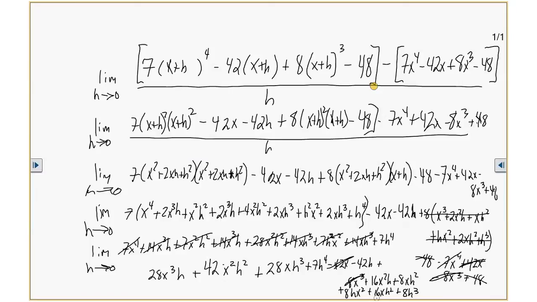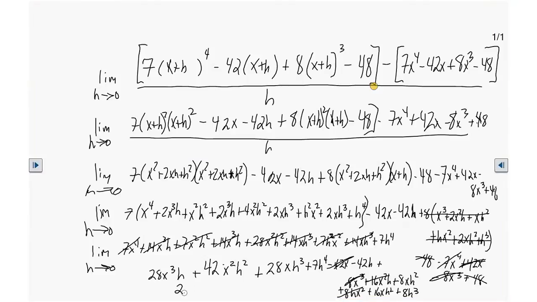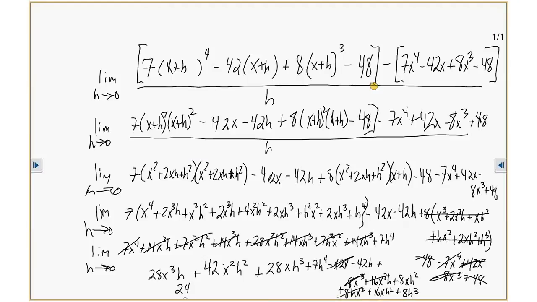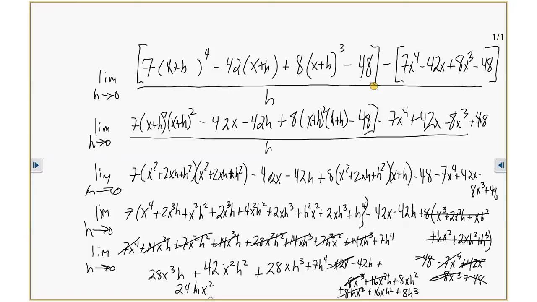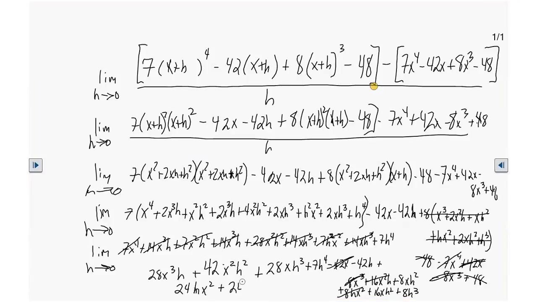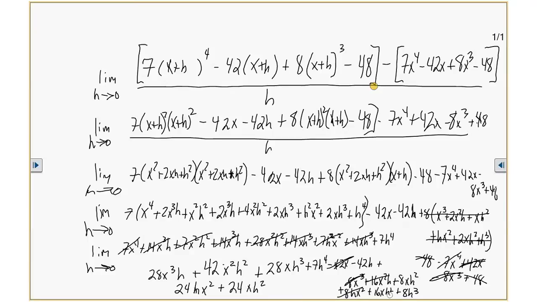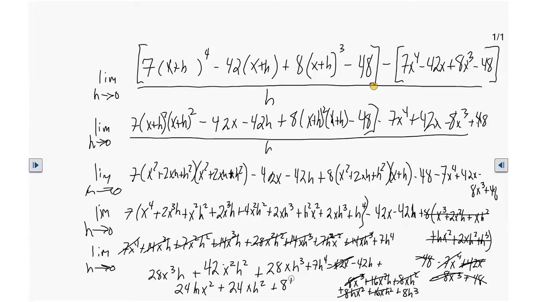So I'm going to take this 16 and this 8 and put 24hx squared. Is that right? And then this 8, what's 16 plus 8 here? This 8xh squared and this 16, that's 24xh squared. That takes that out. And that leaves 8h cubed, all over, don't forget your h down on the bottom.